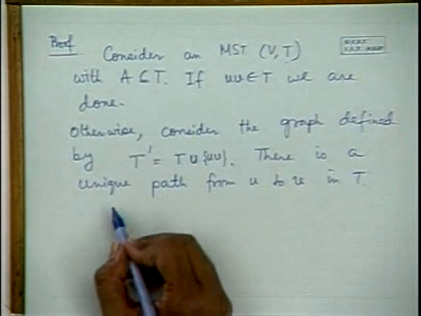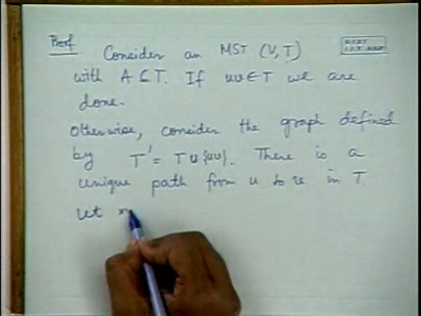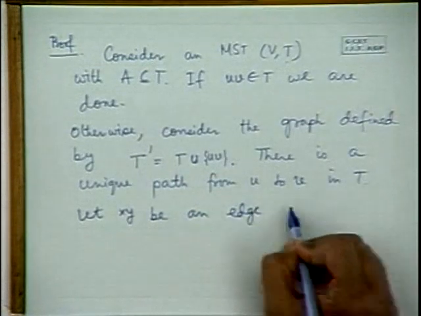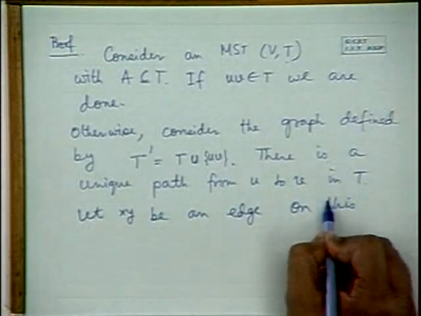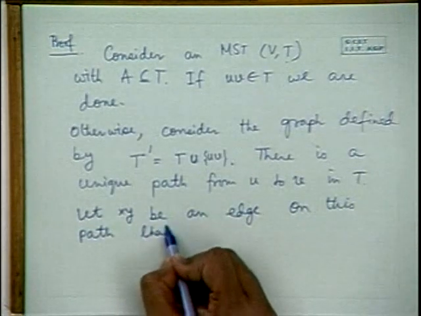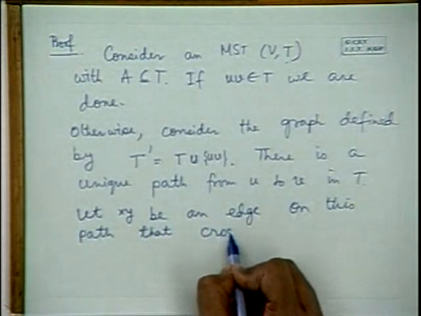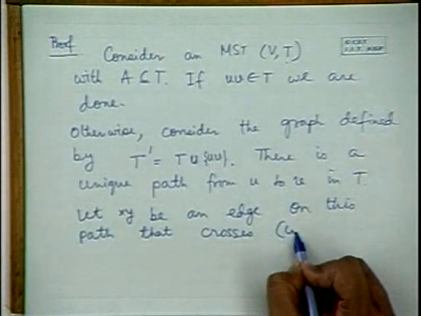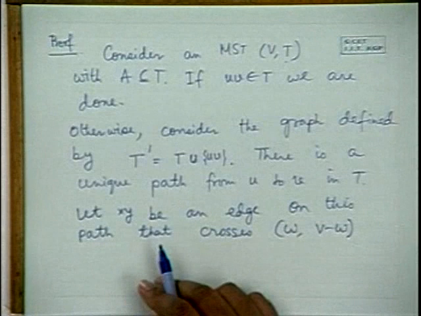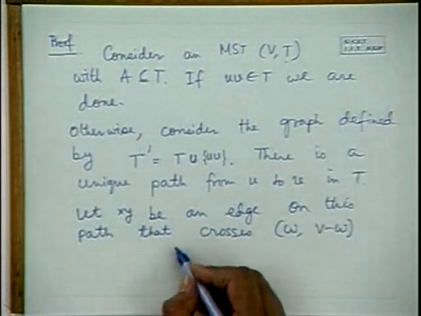So let XY be an edge on this path that crosses the cut W, V minus W. The picture is something like this.